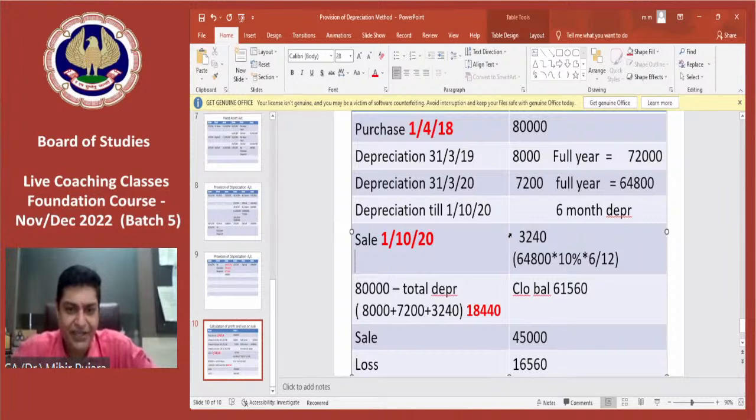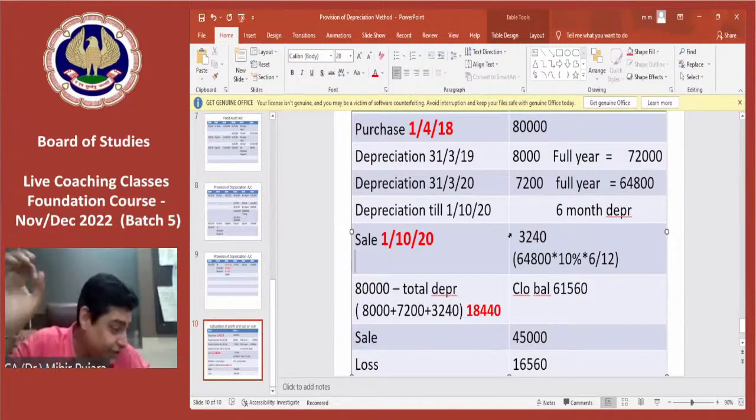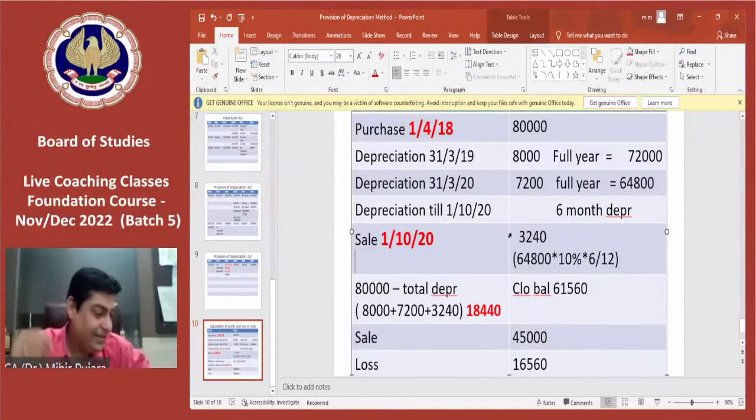Thank you, Sakshi. Anishtha, I have written, it is a closing balance, dear. It is a closing balance as on date of sale. Thank you Shivashri.